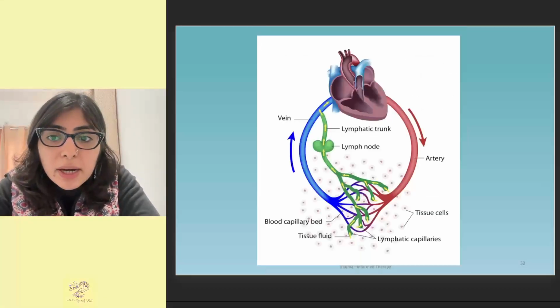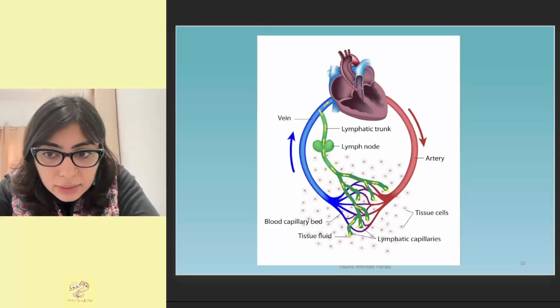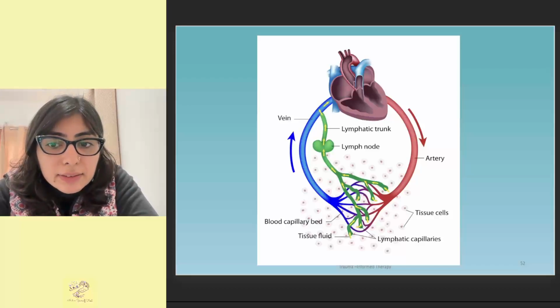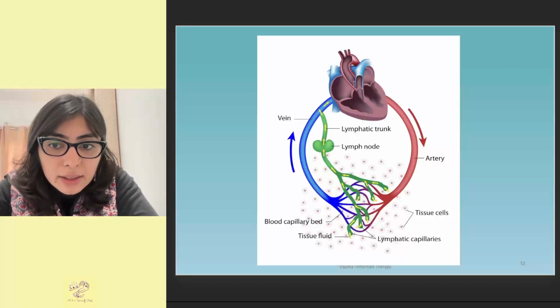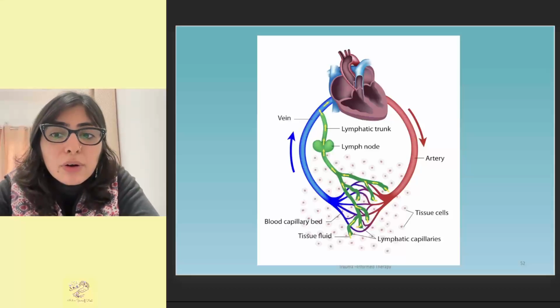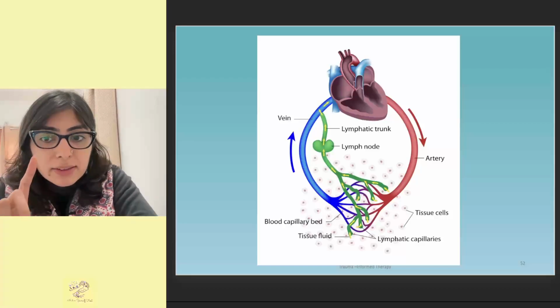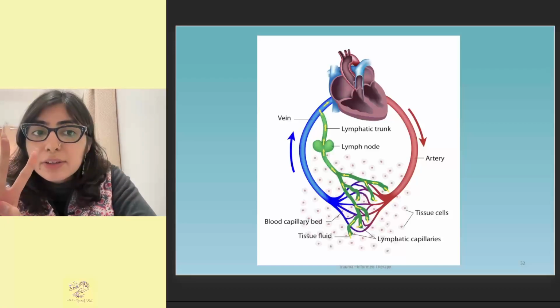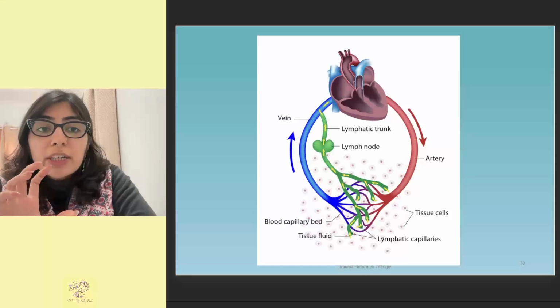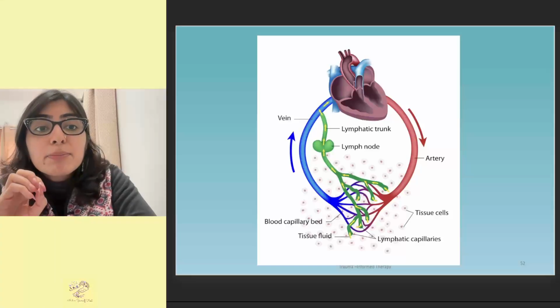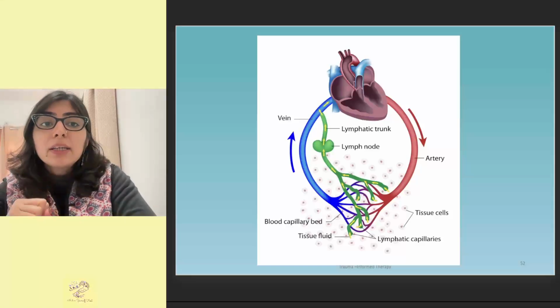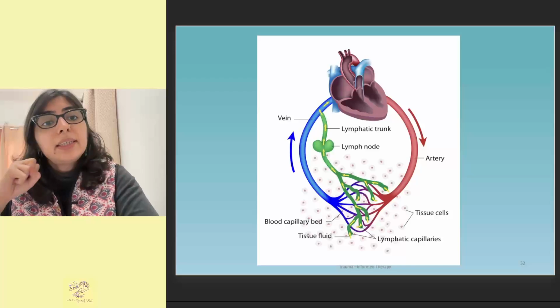here there is a part called lymphatic trunk, and the thin pipes, just like an artery divides into thin pipes. Similarly, the lymphatic trunk divides into thin pipes called lymphatic capillaries. So there is one set of blood capillaries, one set of lymphatic capillaries. Whatever the blood capillary leaves behind, the lymphatic capillary comes forward and takes it and cleans it.